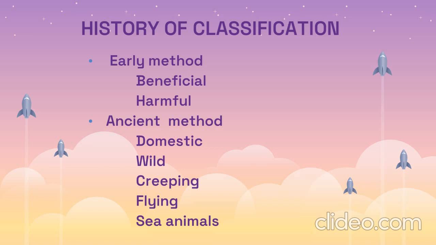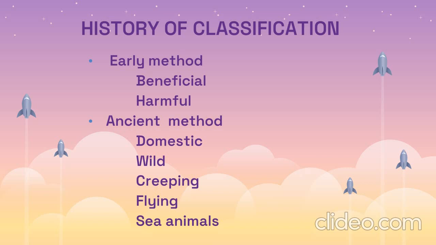So the earliest method, I have displayed here as one of the methods, the early method. In the earliest method, they classified in a simple way. How did they classify? Beneficial organisms as well as harmful organisms. So only two groups. Among these millions of organisms, they classified just into two groups, beneficial organisms and harmful organisms. Is it clear?